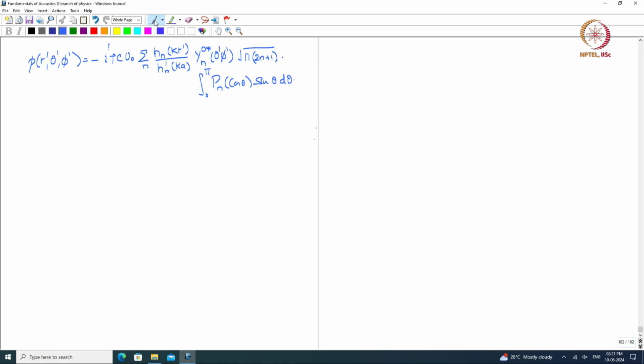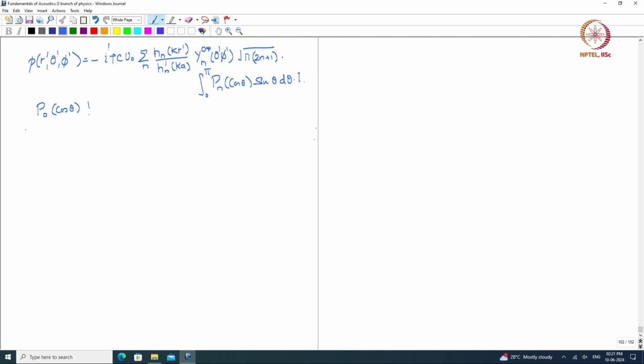Now, if we say that there is a 1 over here, the value 1 over here, okay. So then P0 cos theta is 1, okay.